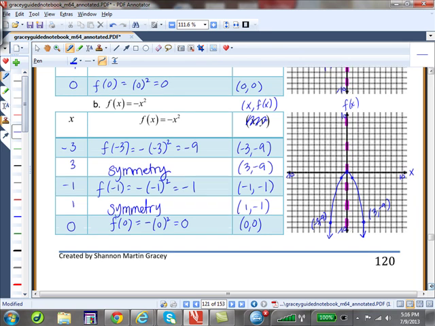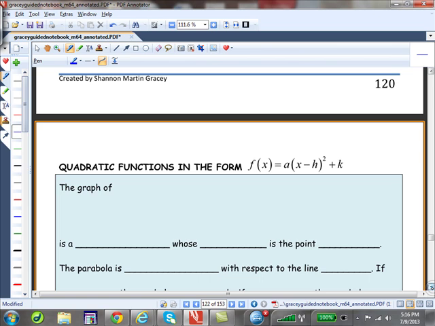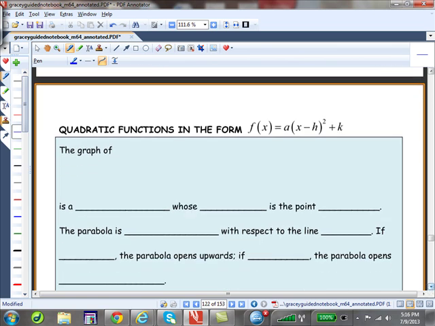So first up, we've got quadratic functions in the form f of x equals a times the quantity x minus h squared plus k. So the graph of f of x equal to a times x minus h, the quantity squared, plus k. And we want to say that a is not equal to 0, because otherwise we would just have a horizontal line.